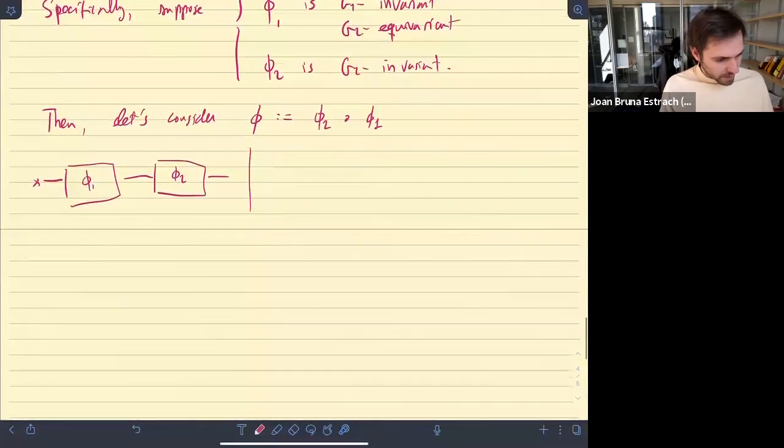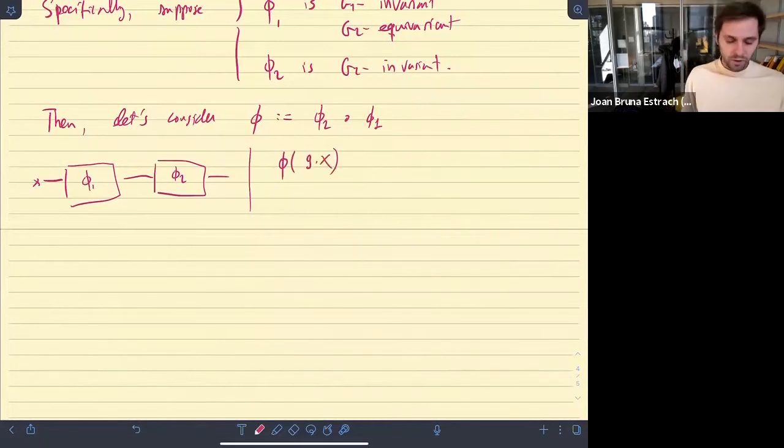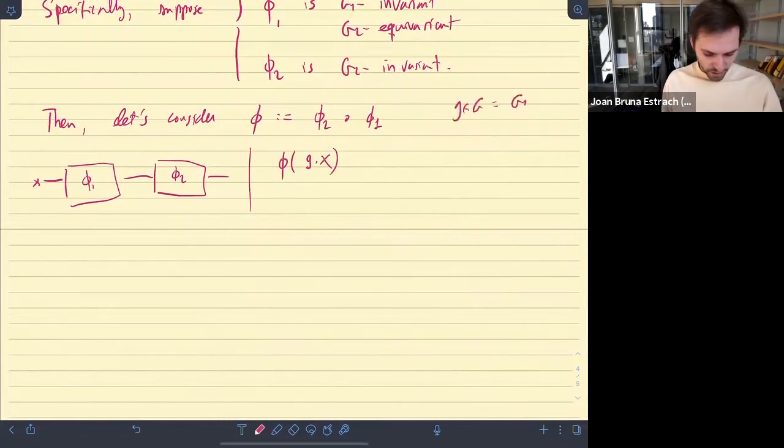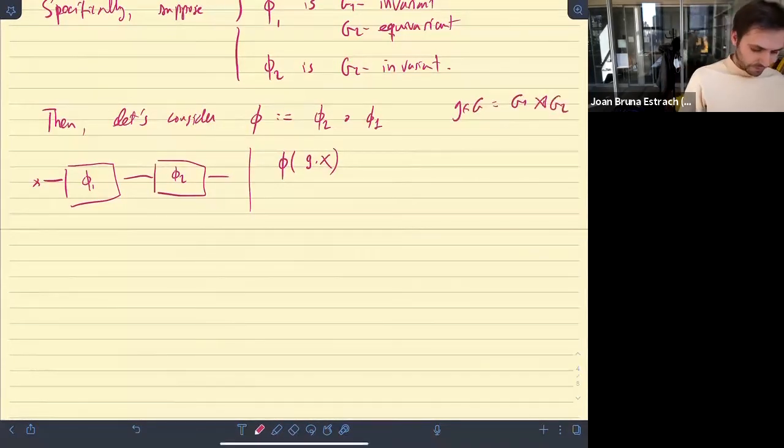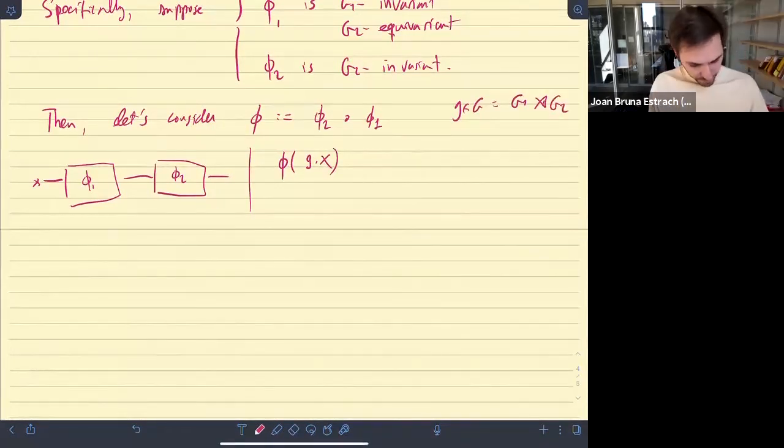So let's verify this. Let's compute phi of the action of g on x, where g is any element of G, remember G is the semi-direct product of G1 and G2.